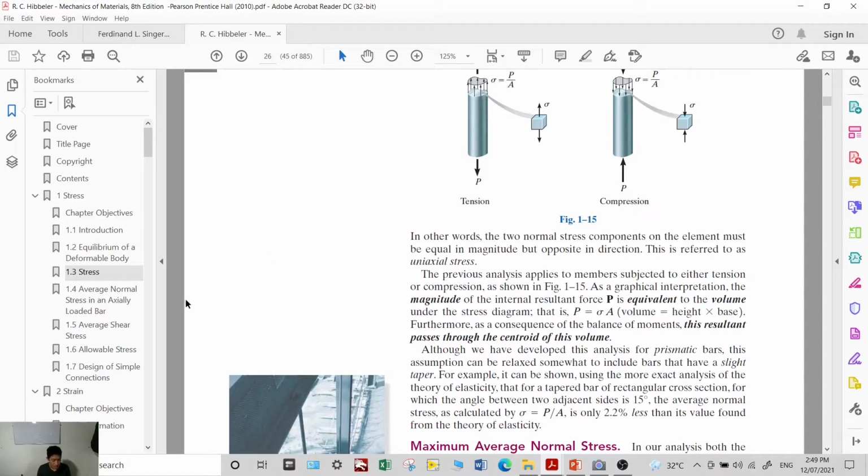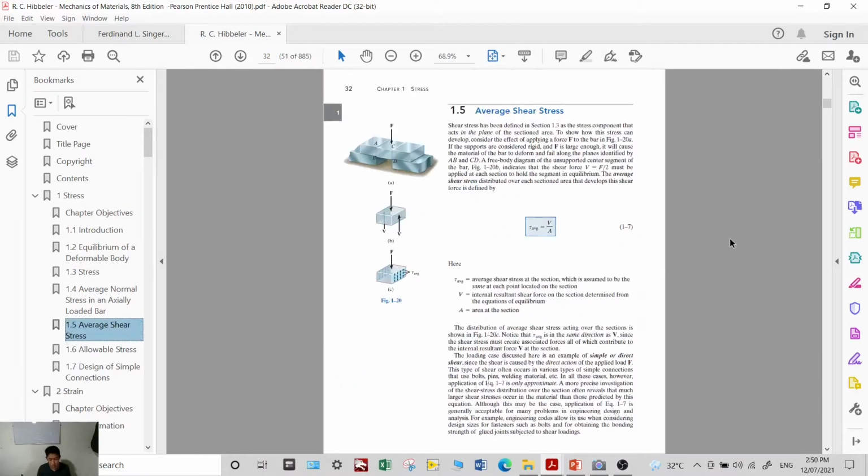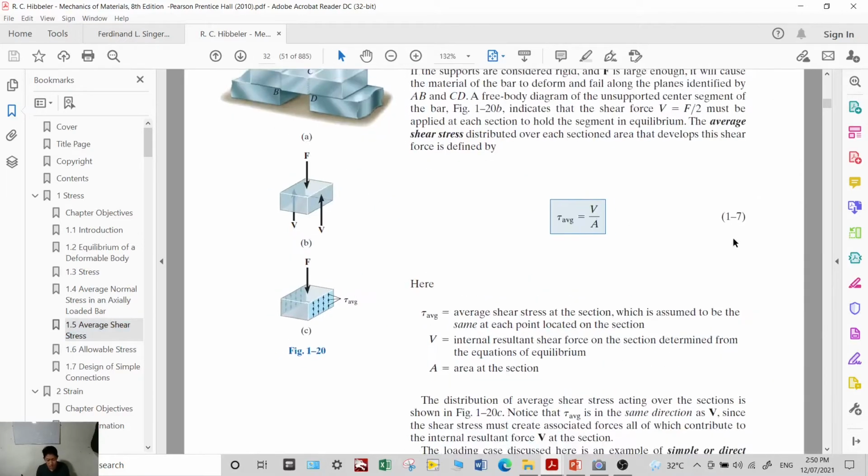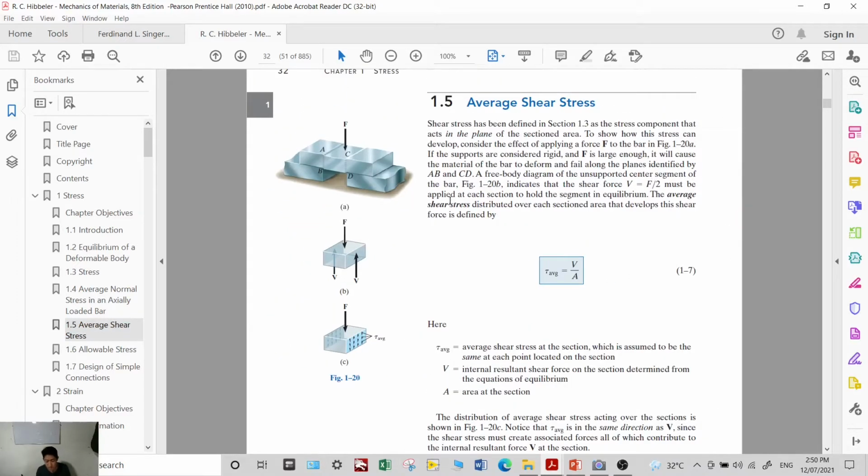Now we will proceed with the average shear stress. Where does shear stress occur?